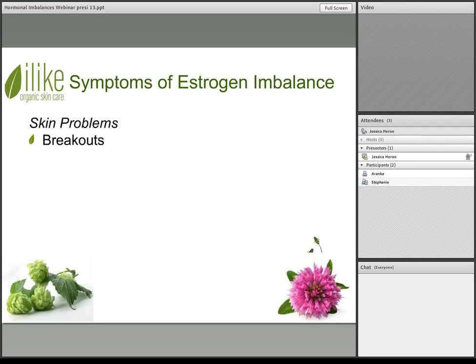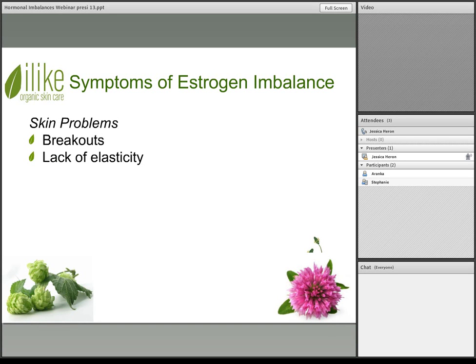Those are typical areas where you'll notice more breakouts associated with hormonal imbalance. In skin mapping, or Chinese skin mapping or physiognomy, the chin area represents the female reproductive system. So typically you'll notice that's where most of the breakouts sometimes occur.